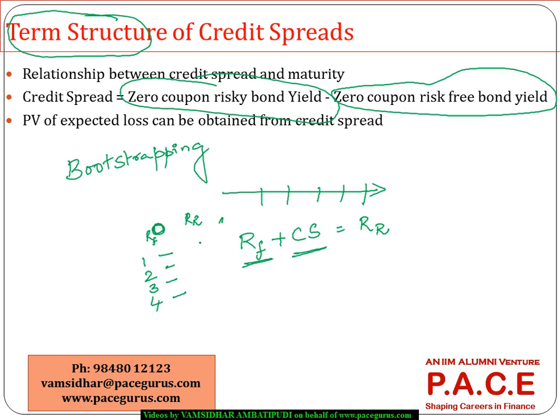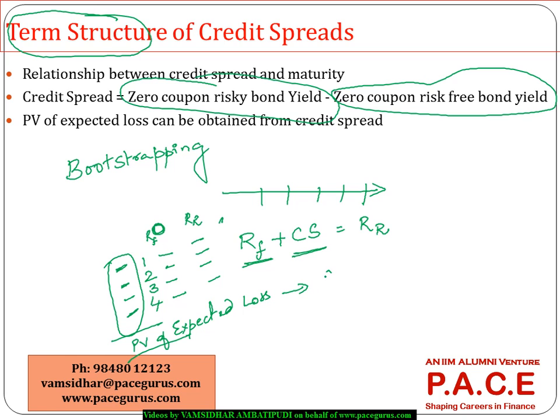I discount the cash flows of the bond using the risky rate of return, and whatever the differences that come up in the value of the bond at each of the phases, I add them up to give me the present value of the expected losses that are present in that particular bond, which is a measure of the credit risk that is inherent in the bond.